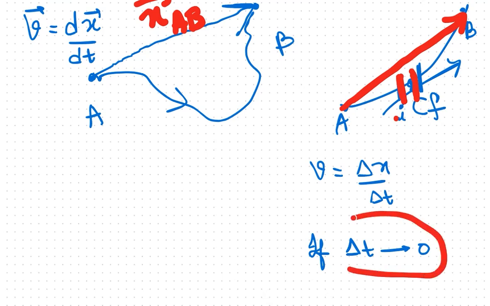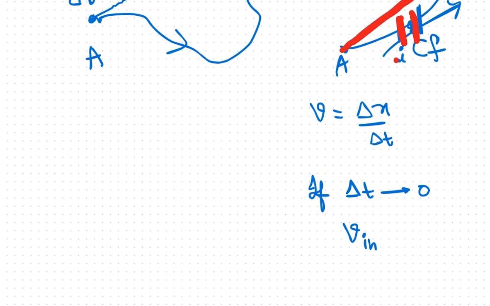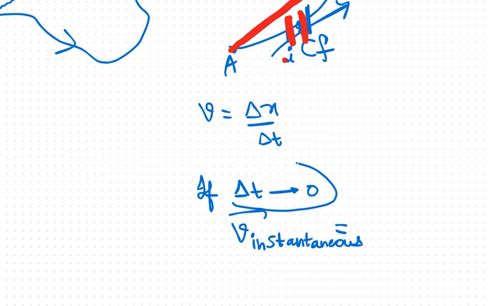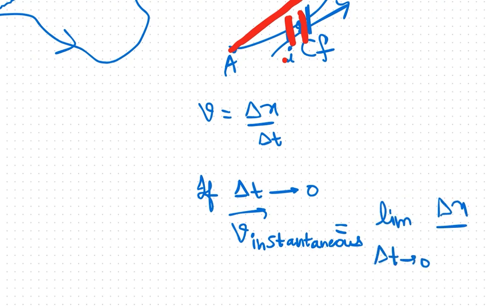So when the delta t gap approaches 0, the velocity which we get is called instantaneous velocity. Delta t approaching 0 we represent like this: limit delta t approaching 0, delta x upon delta t. For small changes, we represent dx by dt.